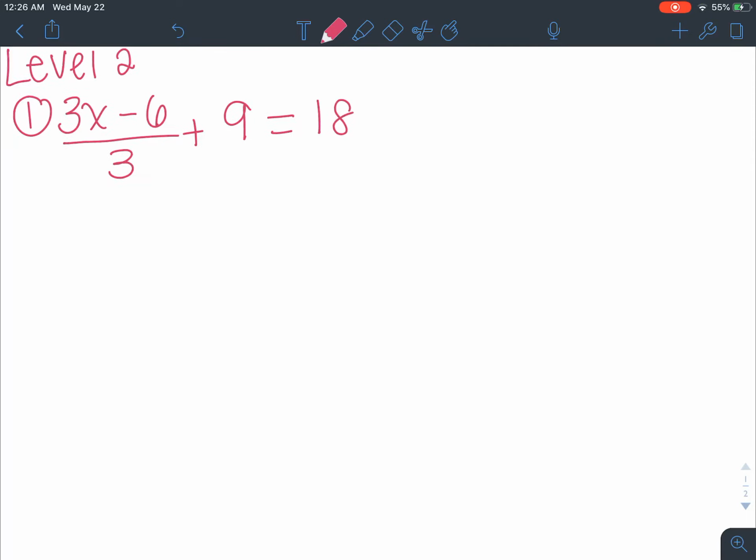Okay? And then I'm going to show my steps. So, my first step is I'm going to divide everything by 3, or 3x in the numerator. Okay. So, if you notice, I'm writing out all my steps. Okay, x, and then this is going to be 7 equals 18. Right?